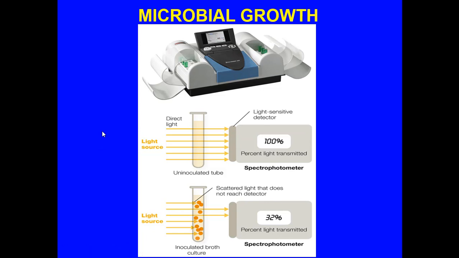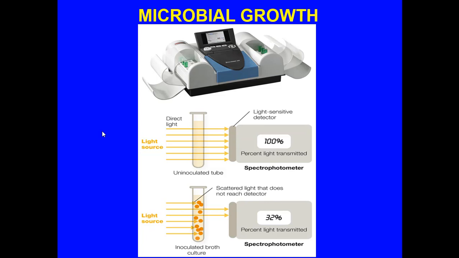This is a spectrophotometer. Use them, they're great machines. It works on the principle of Beer's law, which is basically the amount of light going through something, and you have the detector. You use a control, or a blank, and have the light go all the way through, so you have 100% light transmission. You take another tube, but this one is inoculated with, let's say, broth culture.